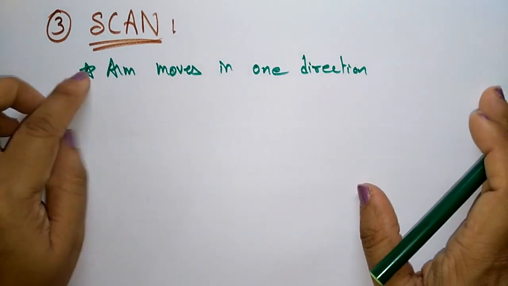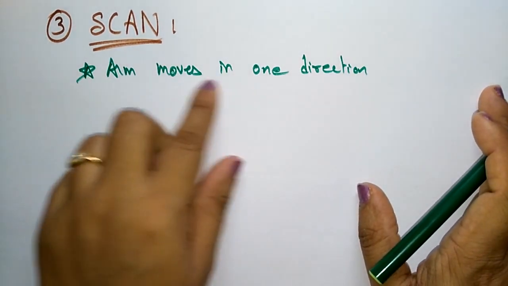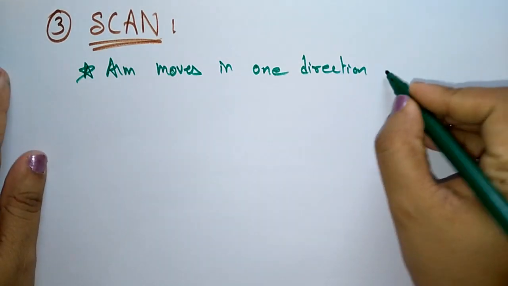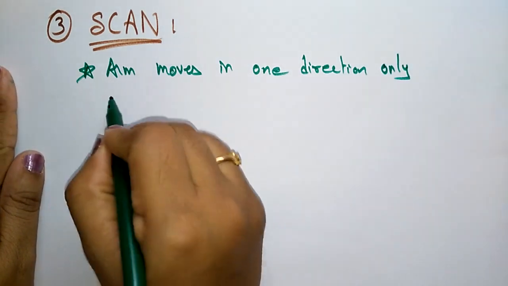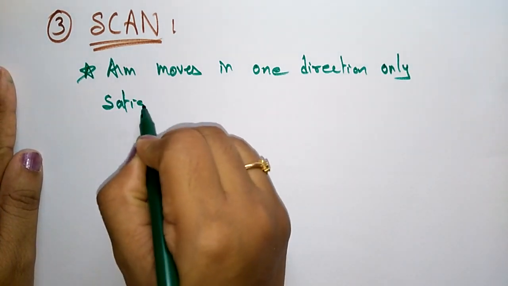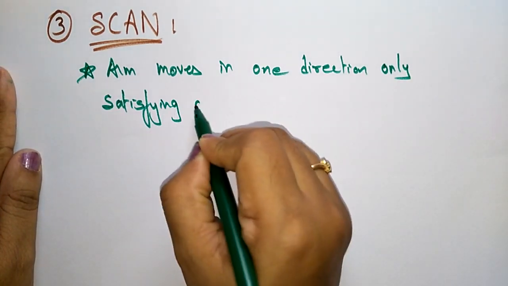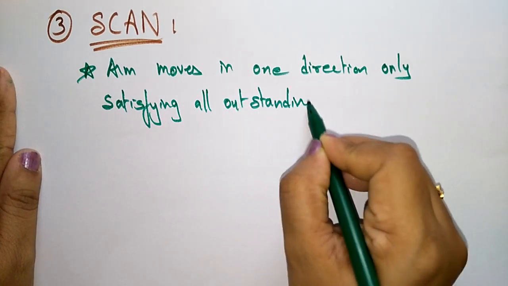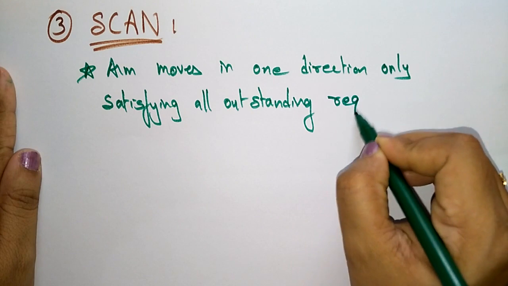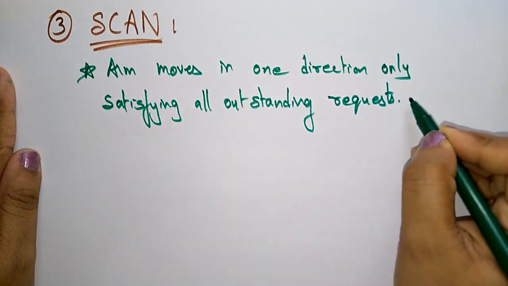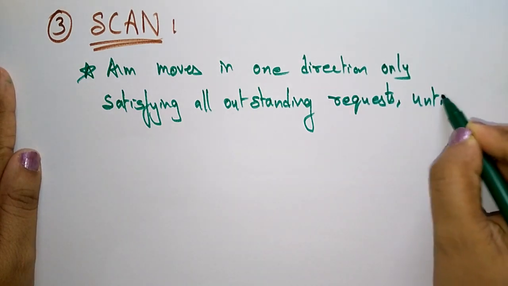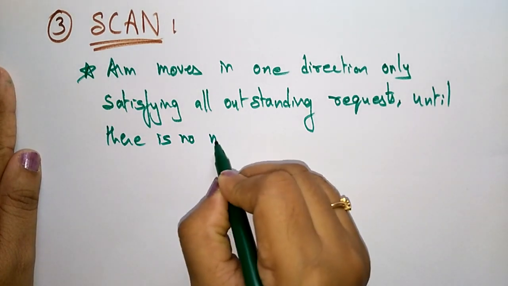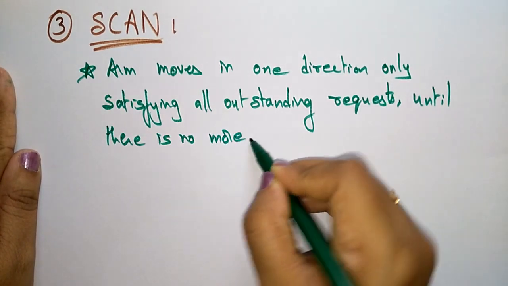Now coming to the SCAN. Here the arm moves only in one direction, satisfying all outstanding requests until there is no more request in that direction.